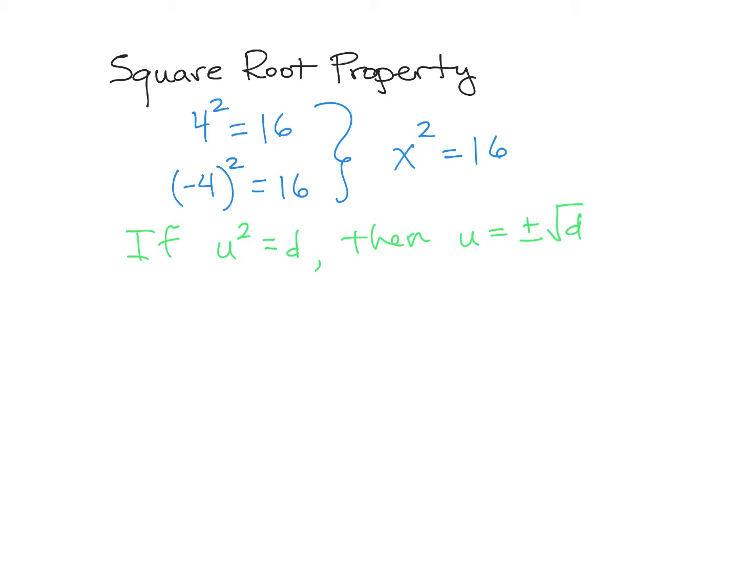So we can use this property to help us solve some types of equations. So let's say my directions say solve. And my problem is x squared plus 36 equals 0. So it's a quadratic equation.